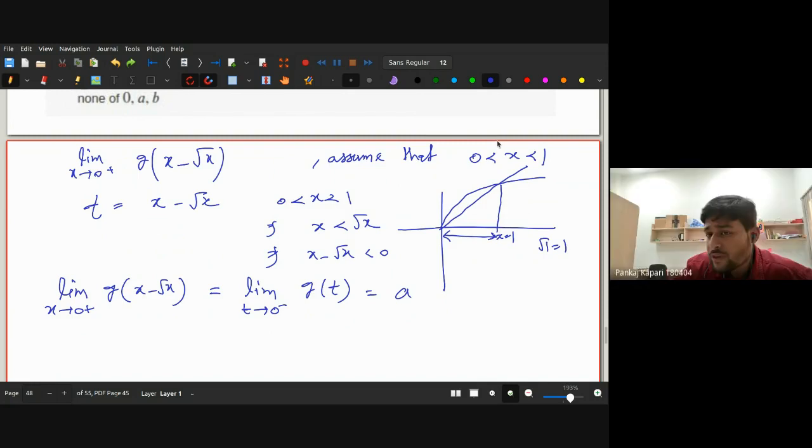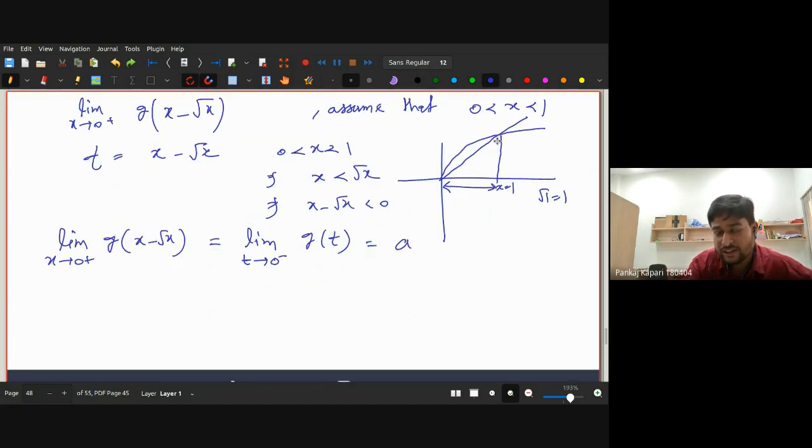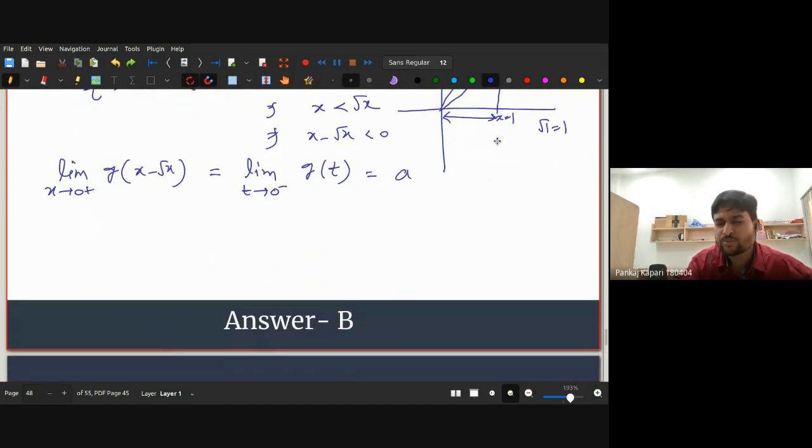Yes, root x will be defined if x is greater than or equal to 0, but it doesn't matter if you are taking the limit. Even if at that particular point where you are taking the limit the function is not defined, it doesn't matter. So you can just assume that the function may not be defined at the value of the limit, at which point you are taking the limit.